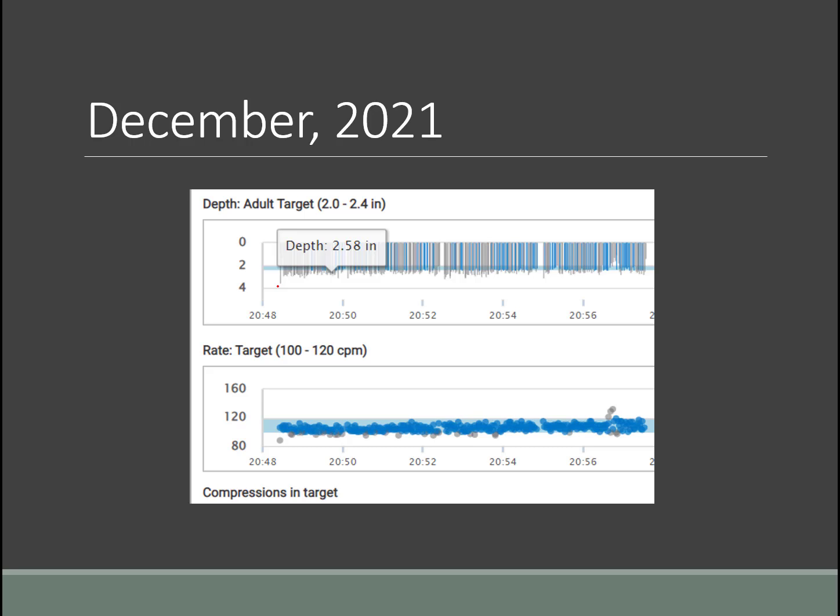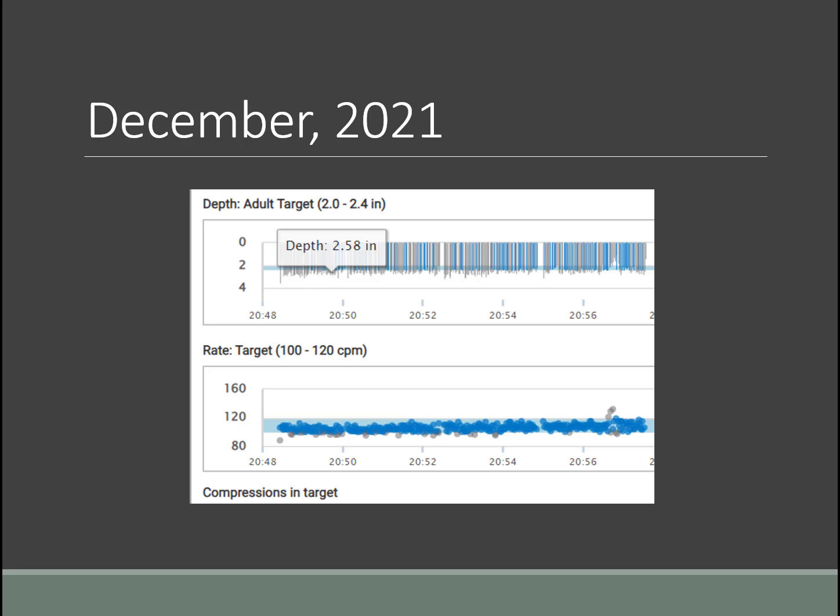But I would guess, looking at the other metrics I didn't put up here, that this was a crew that was looking at their feedback device and doing a rock star job. Again, the leadership by the engine company captain and the CPR coach in the first 10 minutes is what makes or breaks the resuscitation. So please pay attention to this.